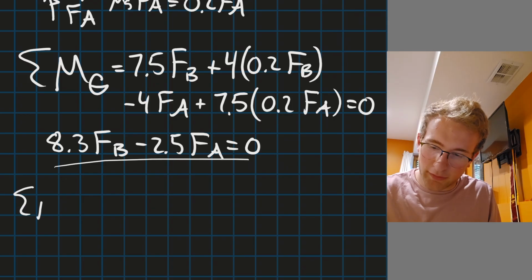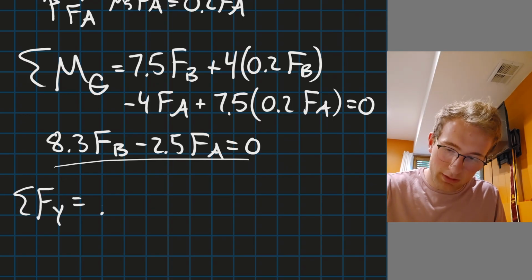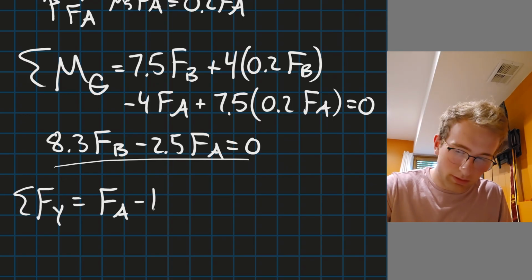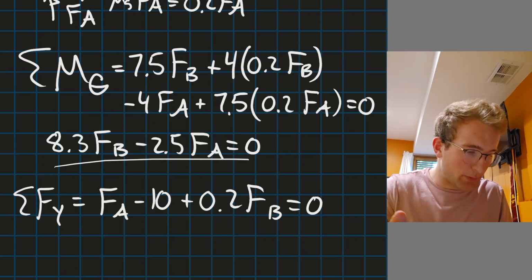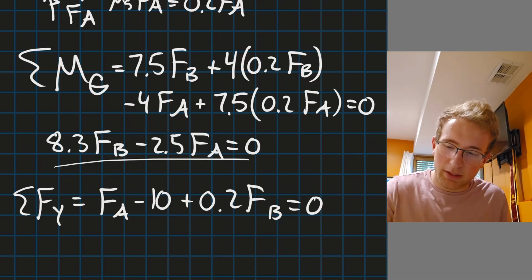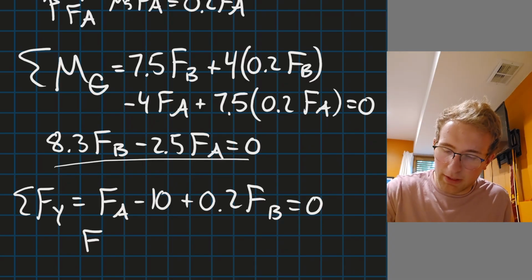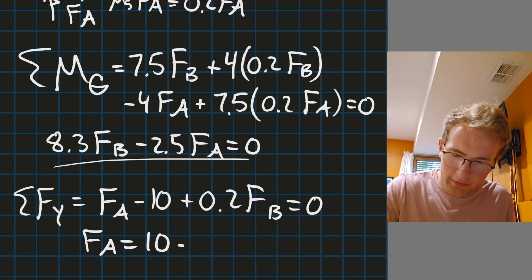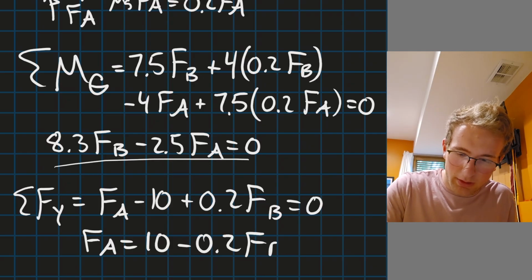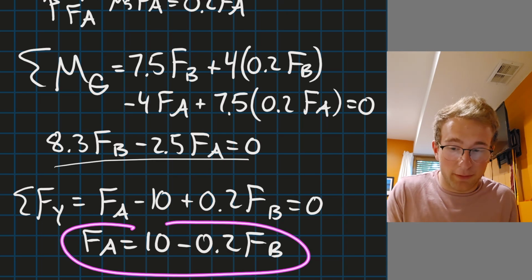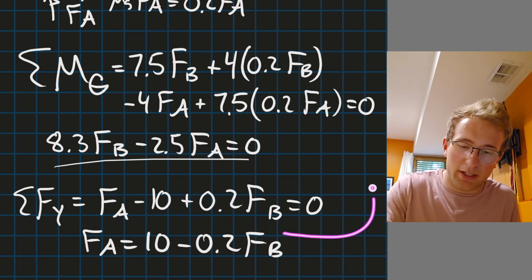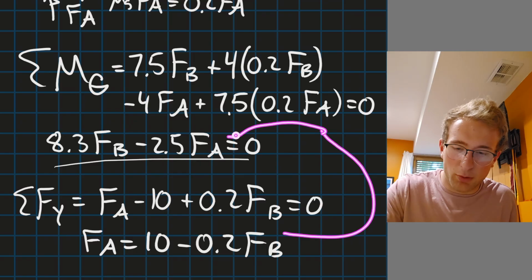If I do sum of forces in the y direction, that's what I get. I can solve that equation for FA, and I get 10 minus 0.2 F sub B. So now that I have FA in terms of FB, I can plug that into my moment equation right there.